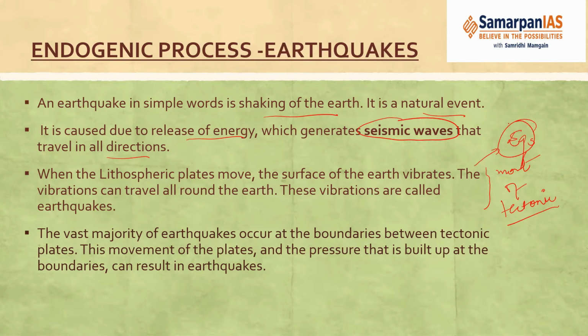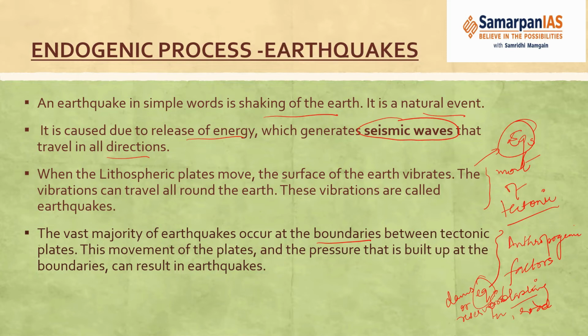And in the last point, we have seen that the majority of earthquakes occur at the boundaries of the tectonic plates. Then earthquakes can be due to folding, when fold mountains are being formed, or if there is a volcanic eruption, it can also lead to earthquakes.